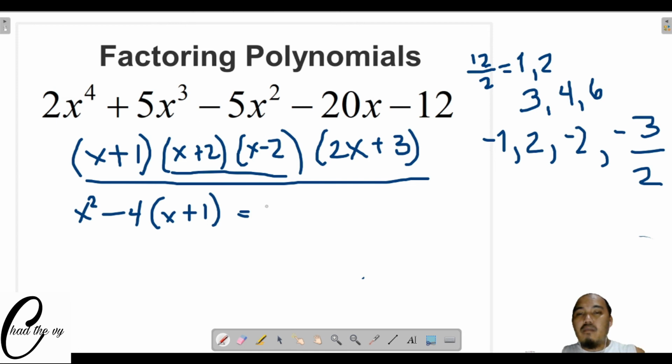So, x squared times x is x raised to 3. X raised to 2 times 1 is positive x raised to 2. Then negative 4 times x is negative 4x. Then negative 4 times positive 1 is negative 4.